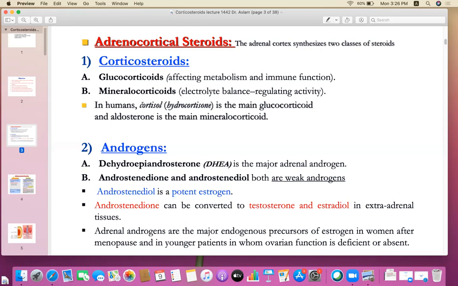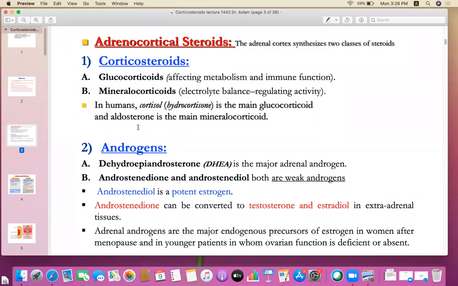When we are under stress, for example the stress of an exam, there is a release of cortisol. Hydrocortisone is the main natural glucocorticoid in our body, an endogenous hormone.